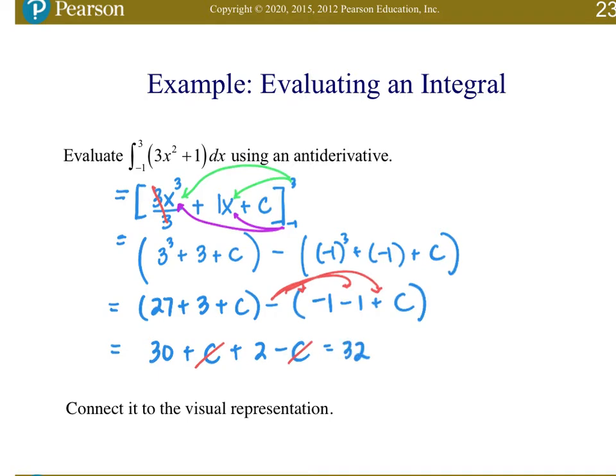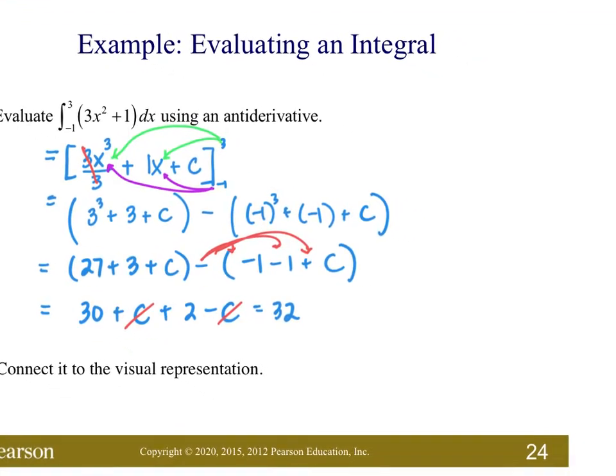So then I'm going to ask you to connect that to the visual representation. So what does that mean?